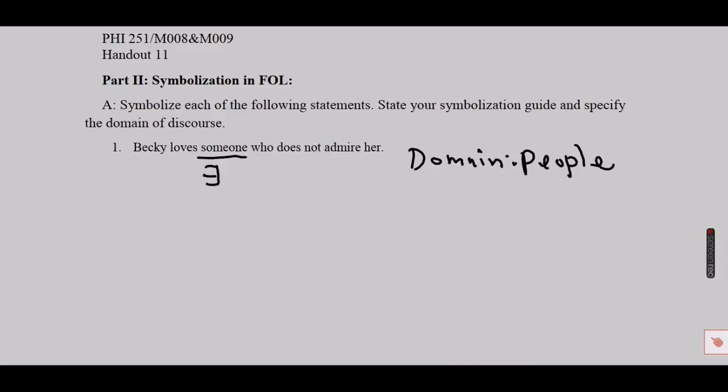Okay, the next step, the restrictor and the main. So the sentence is about someone who does not admire Becky. That is going to be a restrictor. And the main predicate is Becky loves that person that we are talking about in the restrictor.